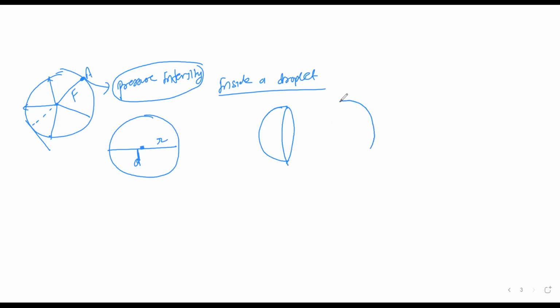There will be two types of force acting. One is the surface tension force, which always acts on the circumference. You remember that surface tension always acts on the circumference, and the pressure intensity always acts on the cross-sectional area.